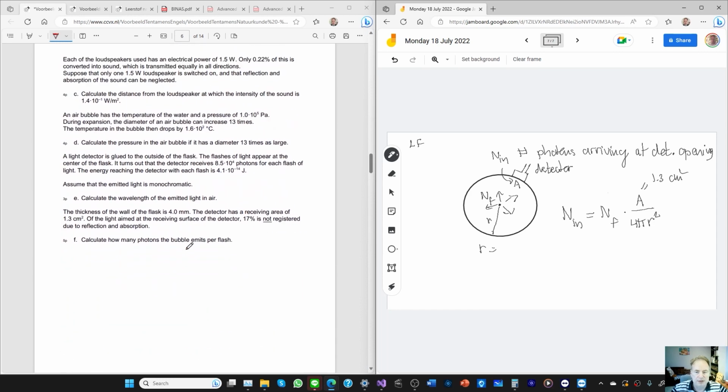Yeah, 6.2 centimeters divided by 2 is 3.1 centimeter.